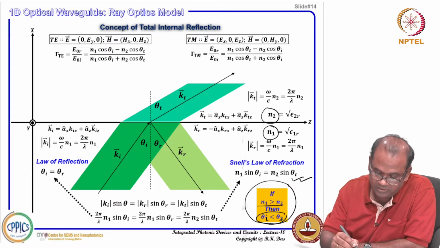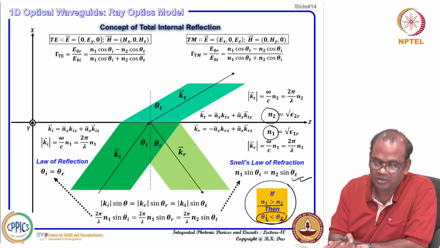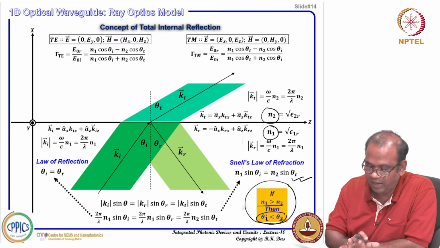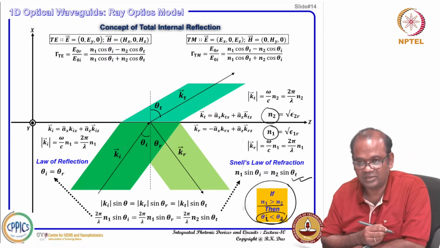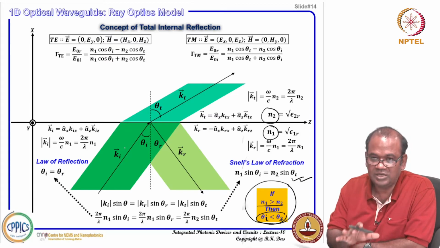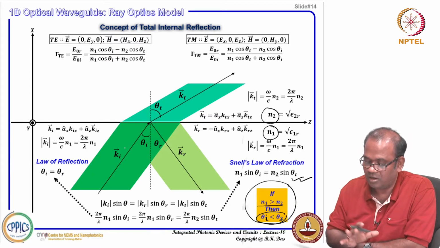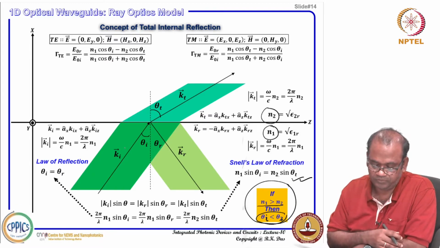So that means in this case, particularly coincidentally, the sketch is actually for the specific condition n1 greater than n2, that is why you see theta I is basically less than theta t. So for this case it is suitable for this condition n1 greater than n2.